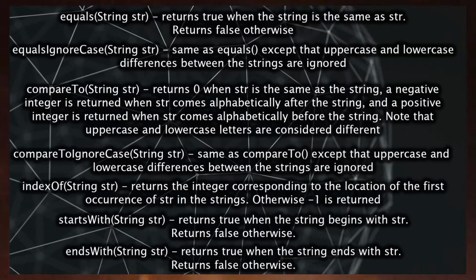We have indexOf(String str), which returns the integer corresponding to the location of the first occurrence of str in the string. Otherwise, -1 is returned. We have startsWith(String str), which returns true when the string begins with str, returns false otherwise. And we have endsWith(String str), which returns true when the string ends with str, and returns false otherwise.